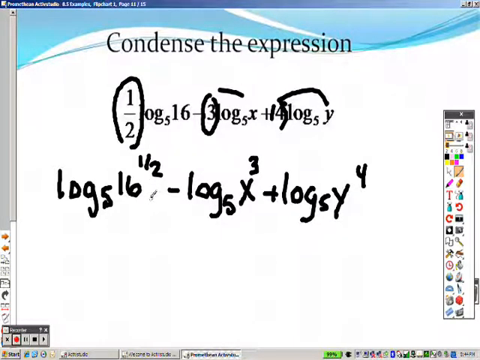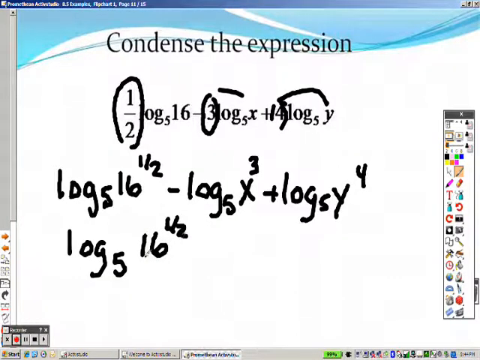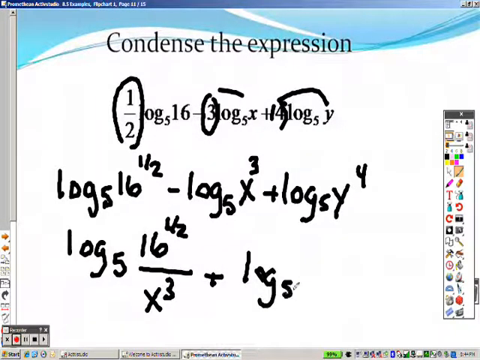So what that means is I will have log base 5 of 16 to the half over x cubed, because that was subtraction, plus log base 5 y to the 4th. Alright, and since that's addition, that means multiplication.